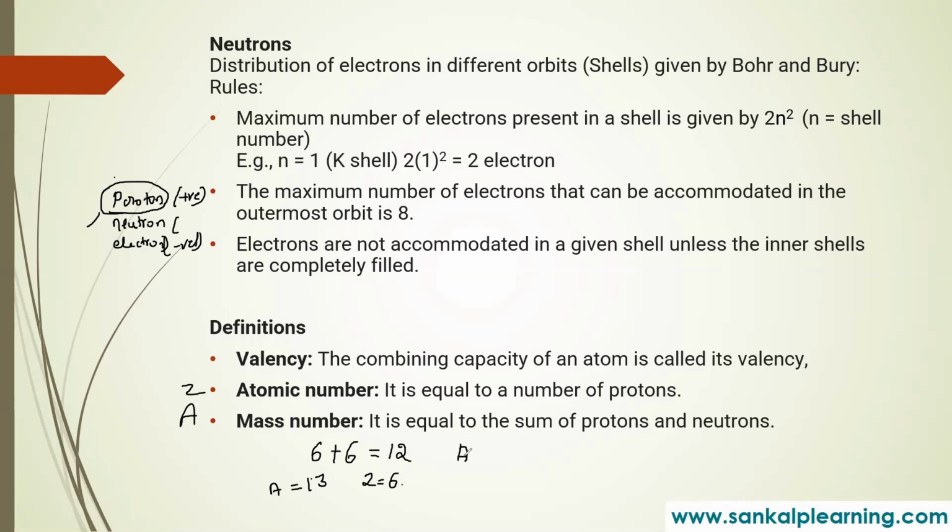We have a formula: mass number A is equal to number of protons plus number of neutrons. So number of neutrons N is equal to A minus Z. A is the mass number, that is 13, minus the number of protons, 6. So 13 minus 6 is nothing but 7. The number of neutrons is 7. So this concept we need to understand.